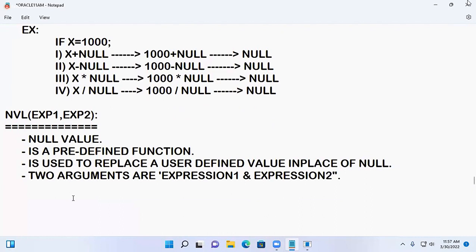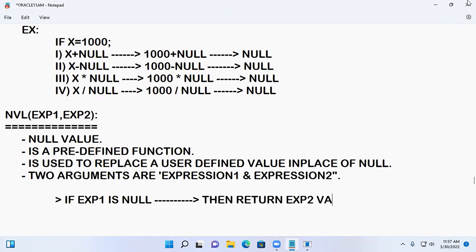Now let's see how these two arguments work. If your expression 1 is null, then it returns the expression 2 value. And expression 2 value is nothing but the user defined value.